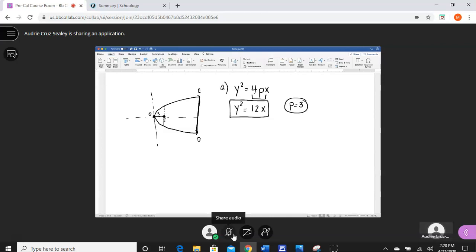Okay, so they're telling you, I'm going to get a different color, that you are 20 centimeters away from the vertex. That's 20. I want to know, how big is this? How are you going to figure that out?